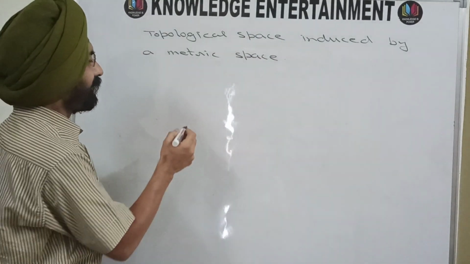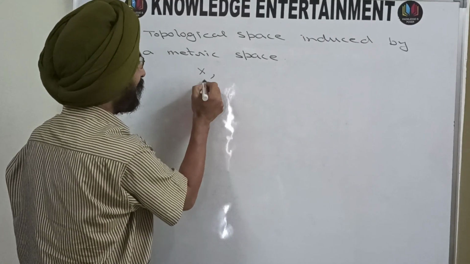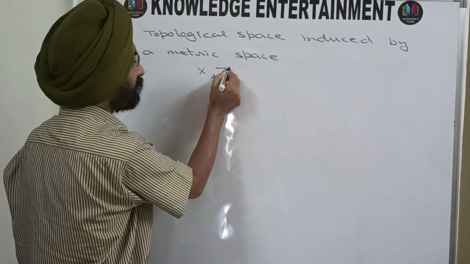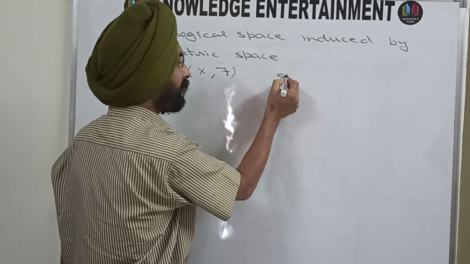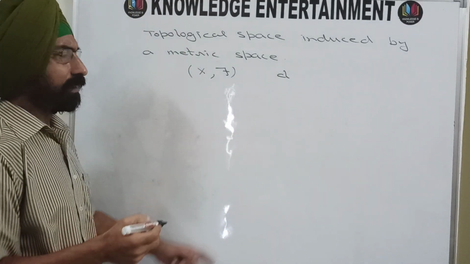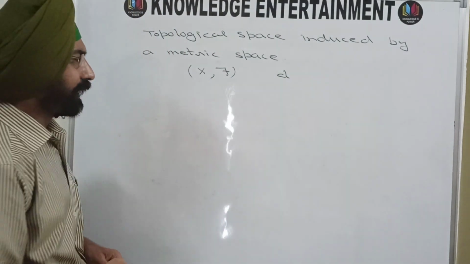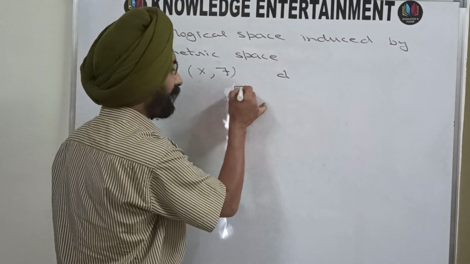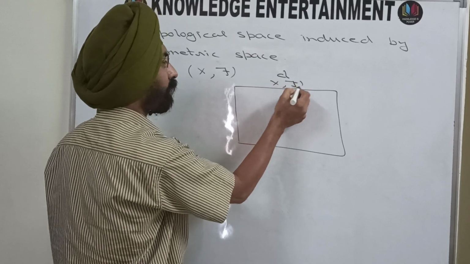So let X be your set and tau be the topology induced by the metric D defined on X. So now here is your X and here is your topology. This is X and tau.